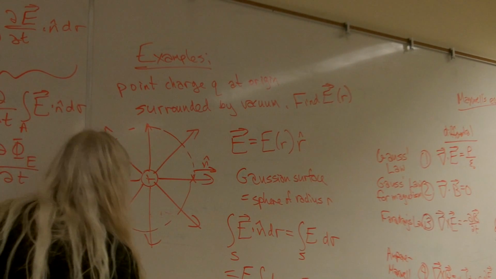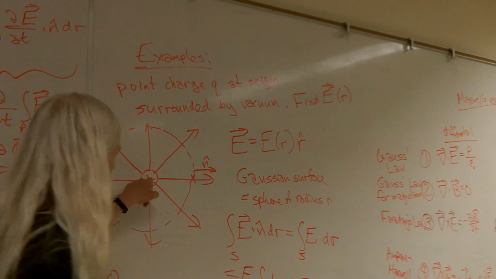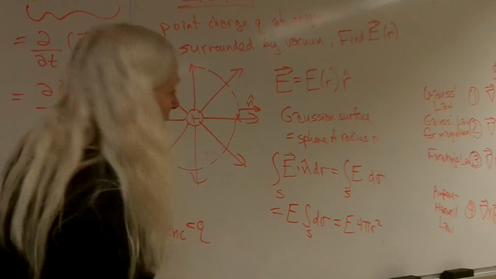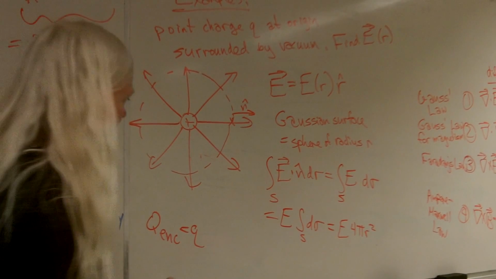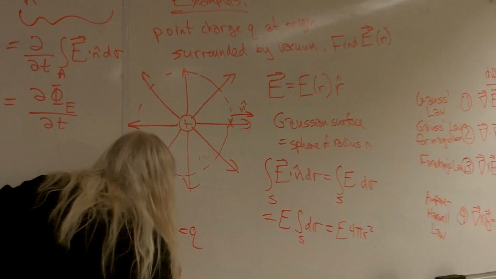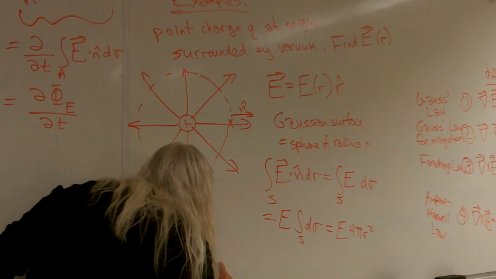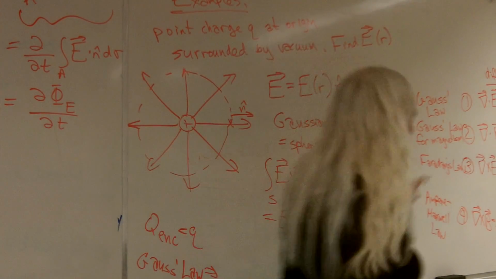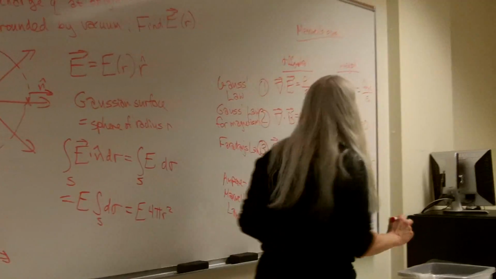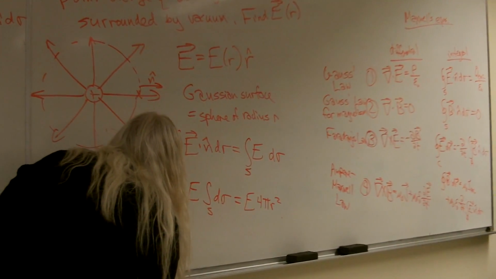And of course, the enclosed charge is just the charge q that we've got in here. That's the only charge located inside our Gaussian surface. So using Gauss's law, the integral that we've evaluated on the left-hand side is E times 4 pi r squared.